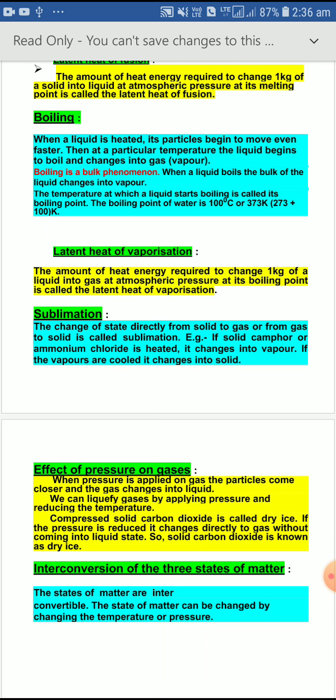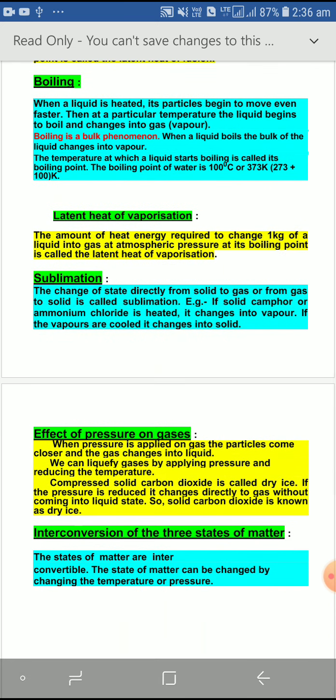When solid changes into liquid, sometimes this question is asked, it is known as fusion. What is the name when solid directly changes into gas? You have to write sublimation. What will be the name of the change when liquid changes into gas? It is known as vaporization. In this way you have to learn 6 names. 6 steps are there, 6 names you have to remember. Thank you, children.